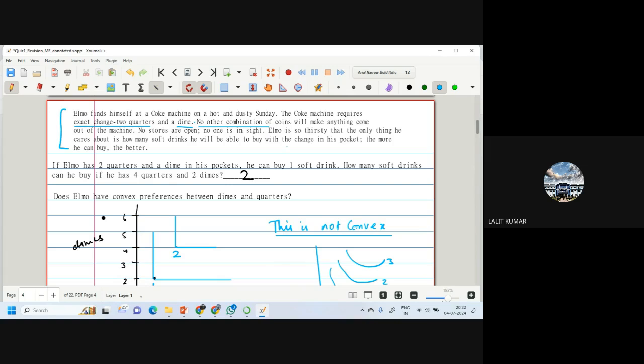Leontief is basically y is equal to minimum of x1 and x2. So this is easy. What they have said is 2 quarters and a dime.